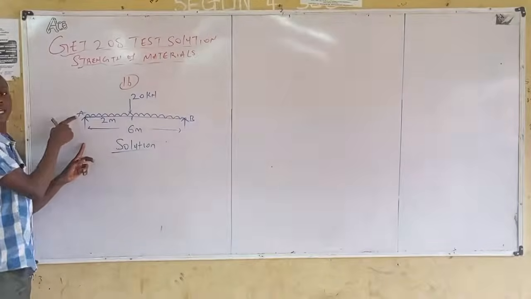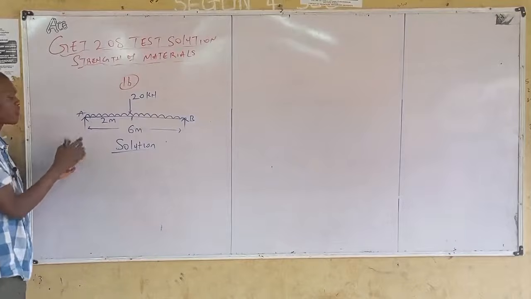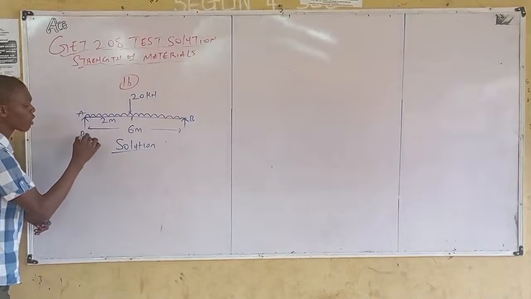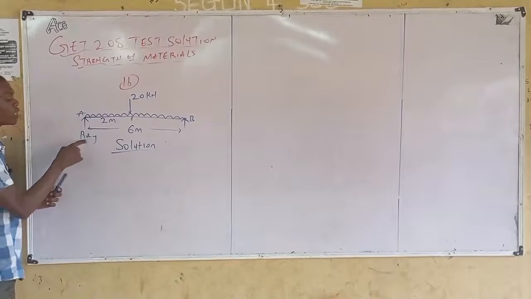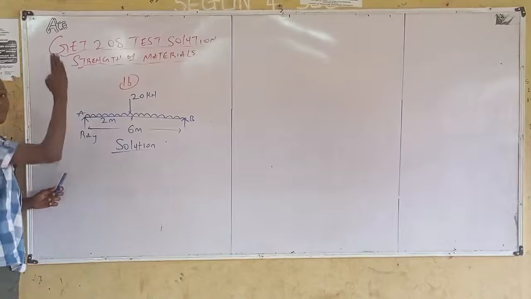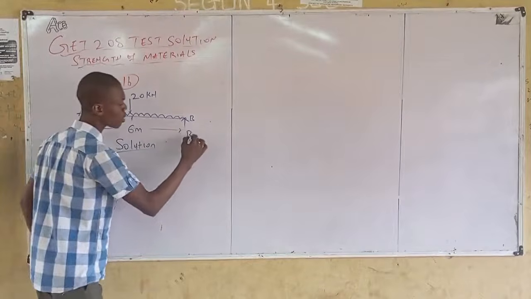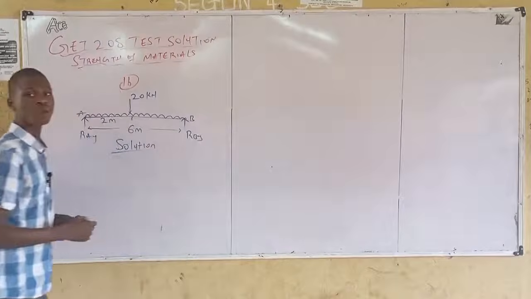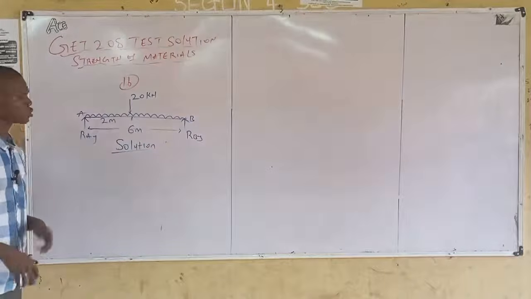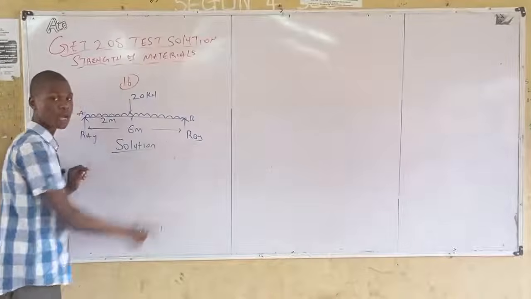Since we have point A here and it's a vertical reaction, we have RAY. RA tells you the reaction at A, while Y tells you the vertical direction. Similarly, you have RBY here. So to answer that first question, you need to know the value of RAY and the value of RBY, right?